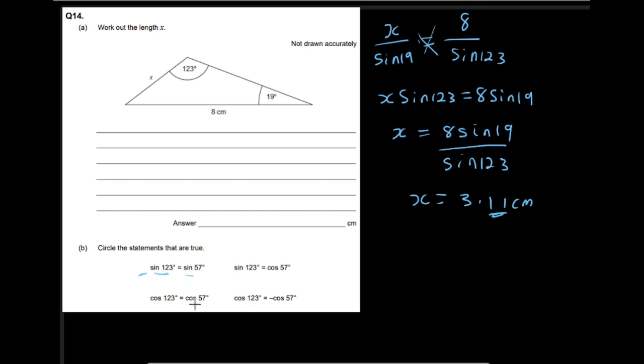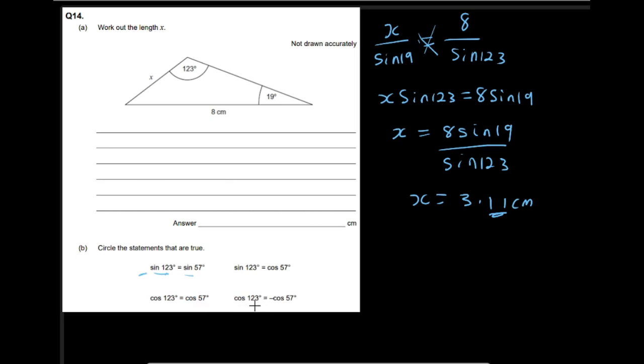Let's try to verify this also. Cos 123 is minus 0.544 and cos 57 is 0.2. They are not exactly the same. All right, then let's try this one out.